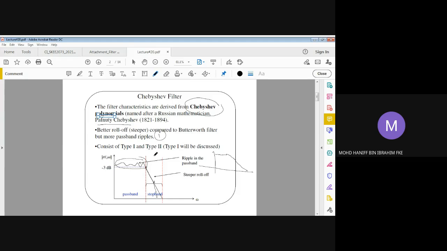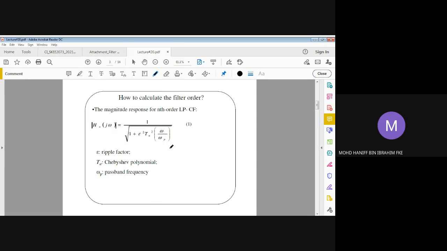For Chebyshev filters we have two types, but our concern will be only the first type.